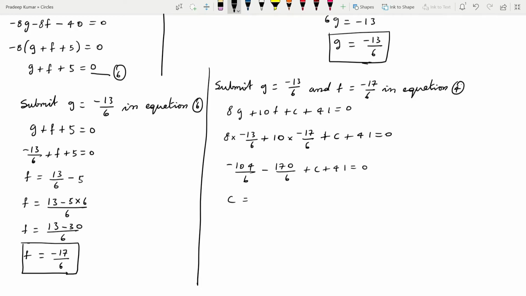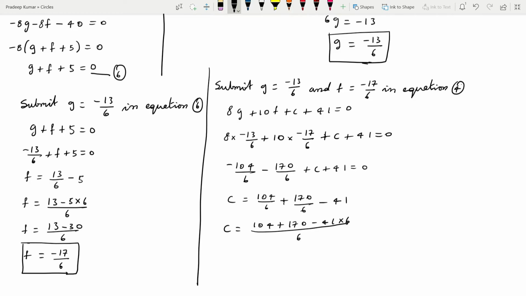So I can write c equal to 104 by 6 plus 170 by 6. This is becoming minus 41. So now this is 104 plus 170, and this is minus 41 into 6, whole by 6, I'm just writing.